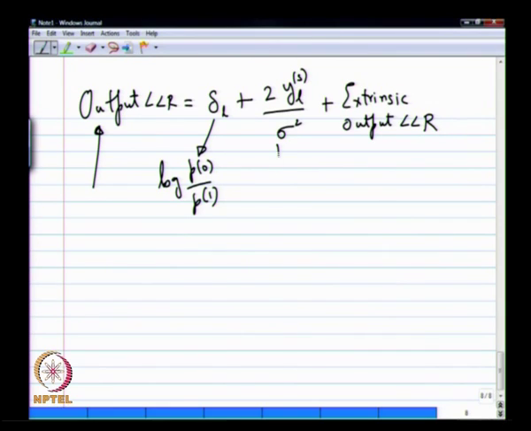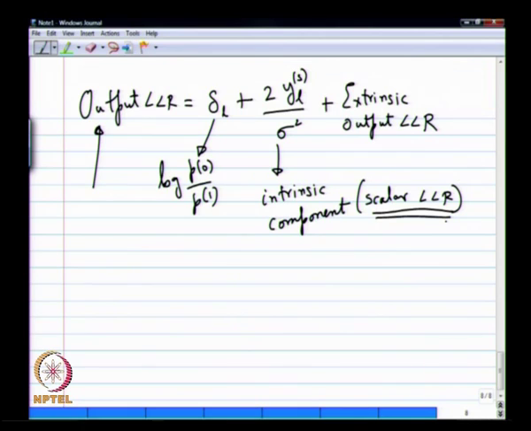So, this is the intrinsic part. When you subtract these two, you are going to get the extrinsic output LLR, which needs to be sent to the second decoder. This is the scalar LLR for the intrinsic component, like the scalar LLR that we had before.